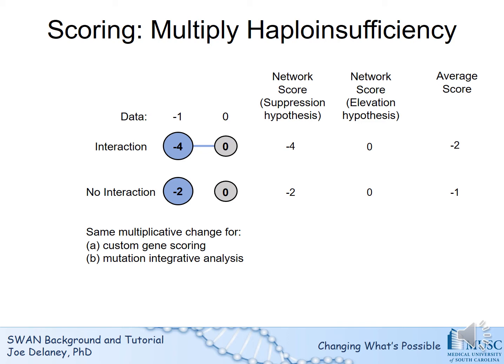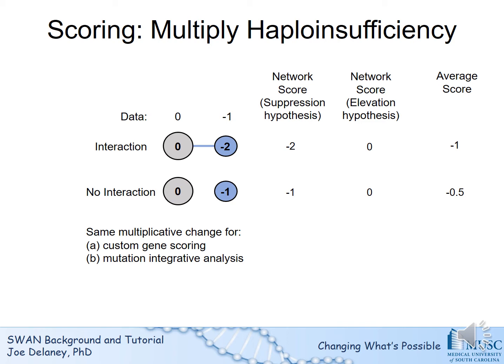And again, each suppression hypothesis or elevation hypothesis will test the paired data against itself and with 0. And that's how we end up with -4, 0, and -2 on the top, where there is an interaction, or -2, 0, and -1 is the average if there is no interaction.